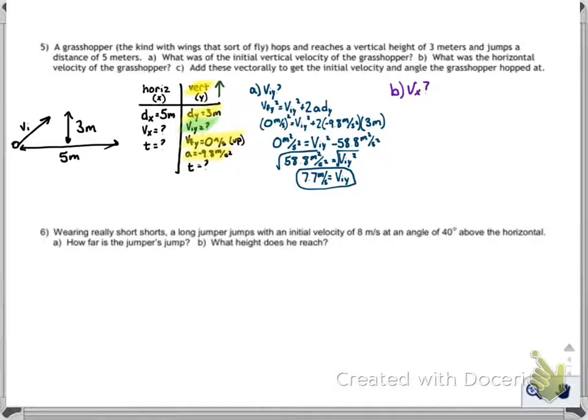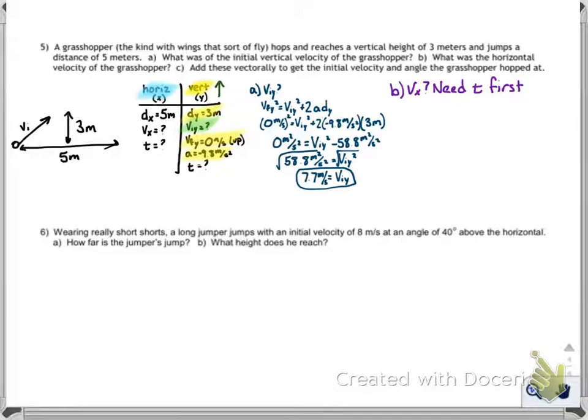So if I look at my horizontal side over here, we see we don't have enough information yet to find that velocity in x. I know my distance, but I need my time if I'm going to figure out the velocity in x. So the first thing I do is find the time.